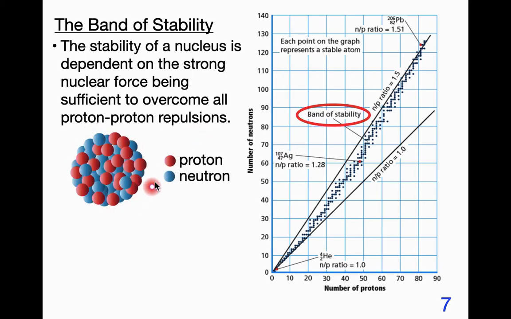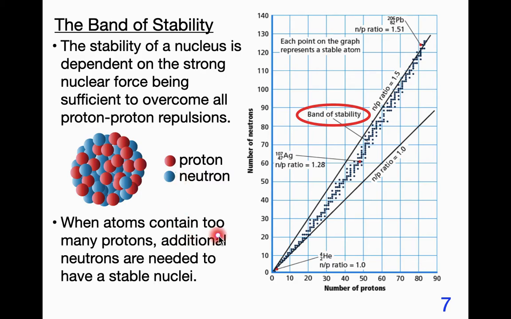Okay, so it's the nucleus, many protons inside there. So you can kind of think of the neutron as being the glue to help hold everything together. When atoms contain too many protons, additional neutrons are needed to have a stable nuclei. It's called the band of stability, where you have more neutrons than protons in order for an element's nucleus to be stable.